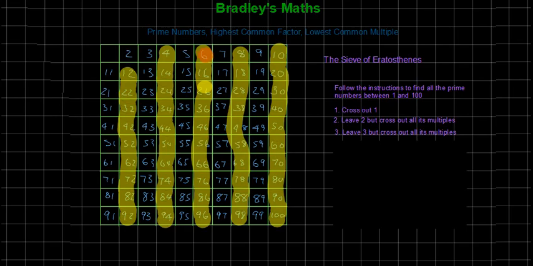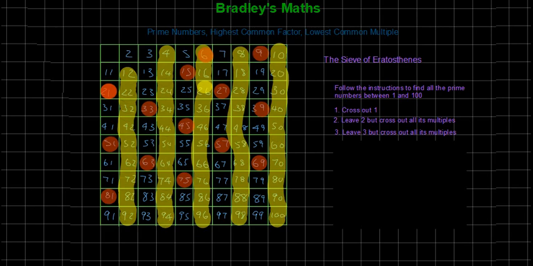There's six, but I don't need to do any that are already colored yellow, so I'm not going to do any more of those. 15, 21, 27, 33, 39, 45, 51, 53, 55, 57, 63, 69, 75.